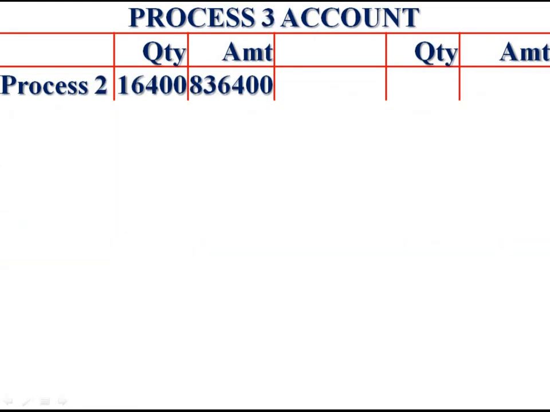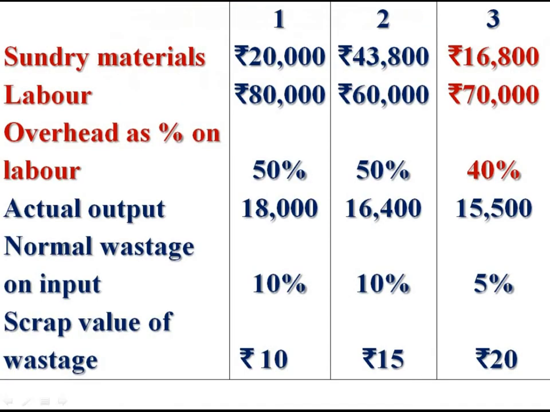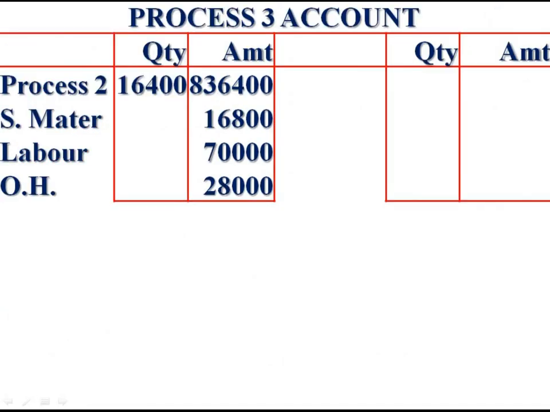Draw process 3 account and debit the transfer from process 2, 16,400, 8,36,400. In the question there is sundry materials, labor and 40% of labor as overhead: 70,000 into 40%, rupees 28,000 as overhead. Debit all these items, sundry materials, labor and overhead.